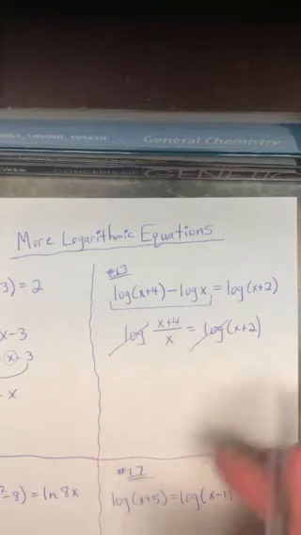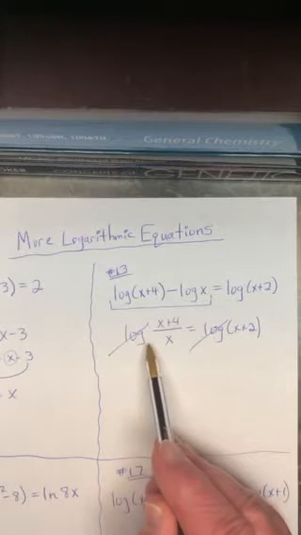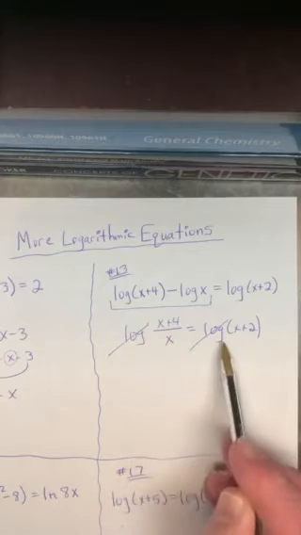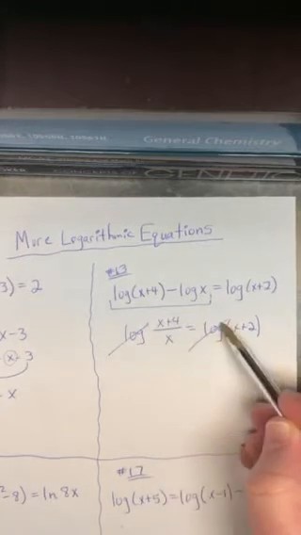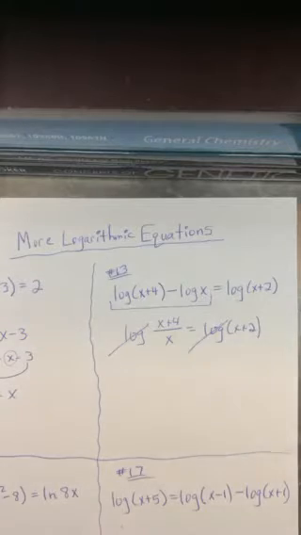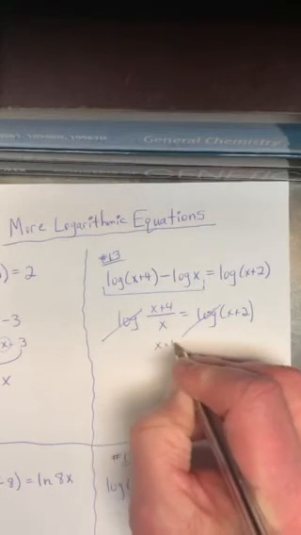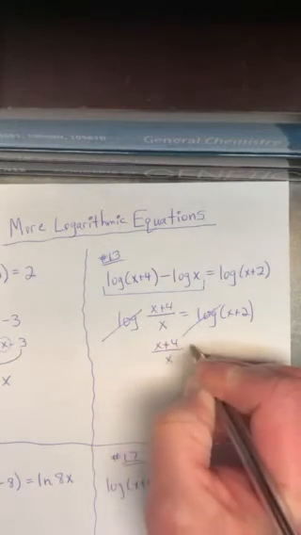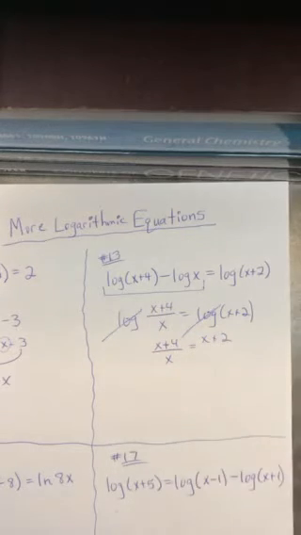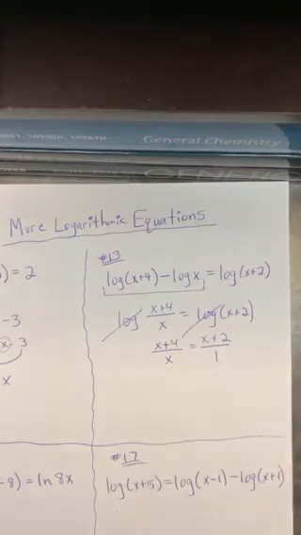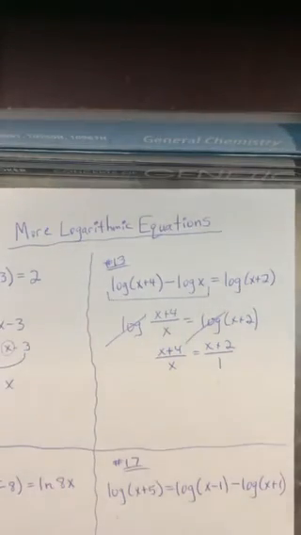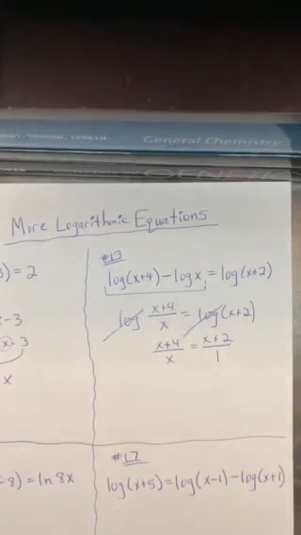Okay, now that's true when the base of the log on the left matches the base of the log on the right. So those logs can be disregarded. So really we end up with x plus 4 over x equals x plus 2. Obviously that's understood to be over 1, which I'm going to point out because to solve any proportion, we're thinking let's cross multiply.